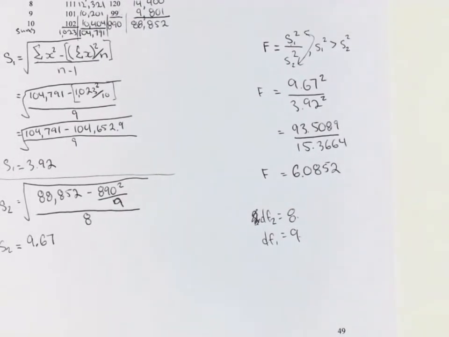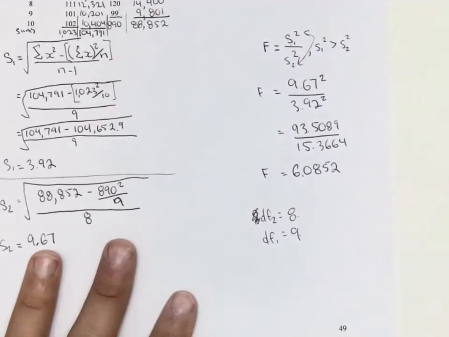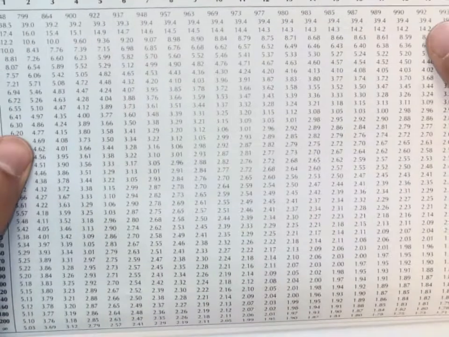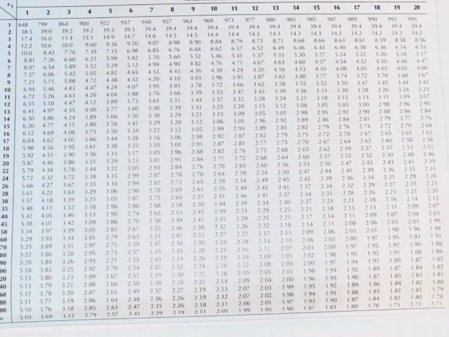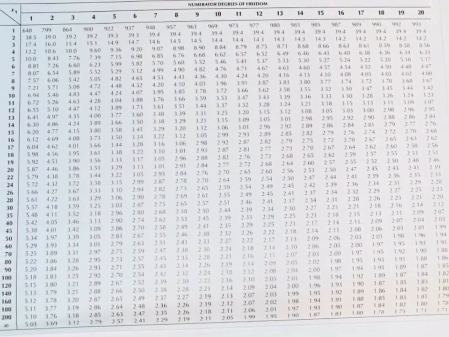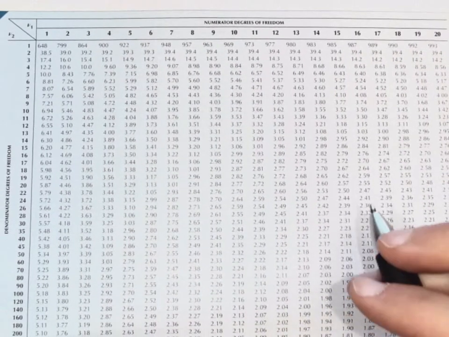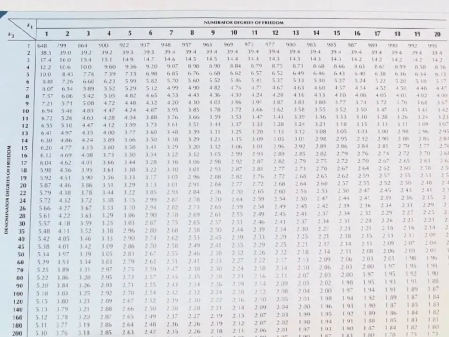So now we've chosen the right table, and we just need to find where they intersect. What we're looking for is our test statistic. What this chart gives us is a number.